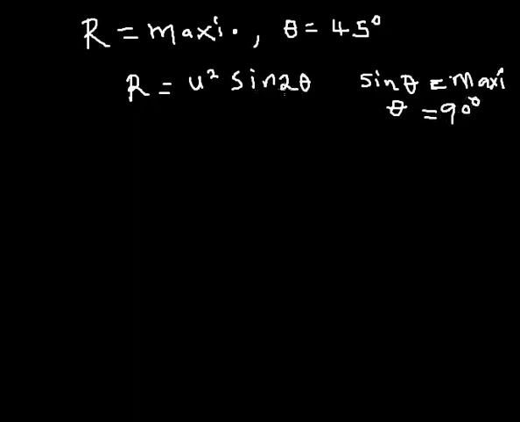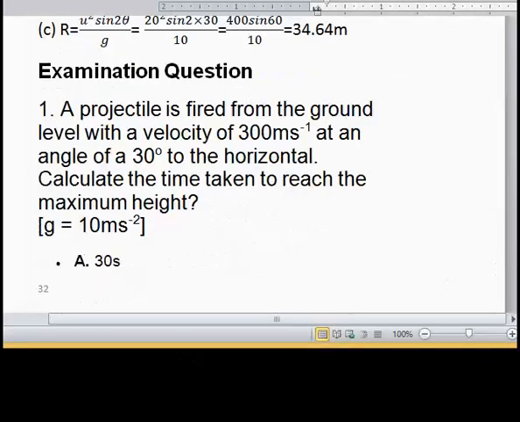In this case, the angle is 2 theta. That means for me to get sine 90 here, then theta must be 45, because it's only when I multiply 45 by 2 that I have 90 degrees. So please take note, for us to have a maximum range, the angle of projection must be 45 degrees.